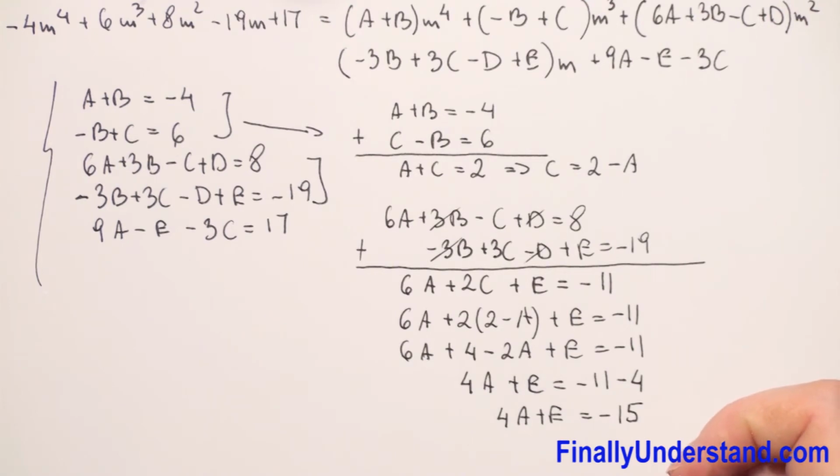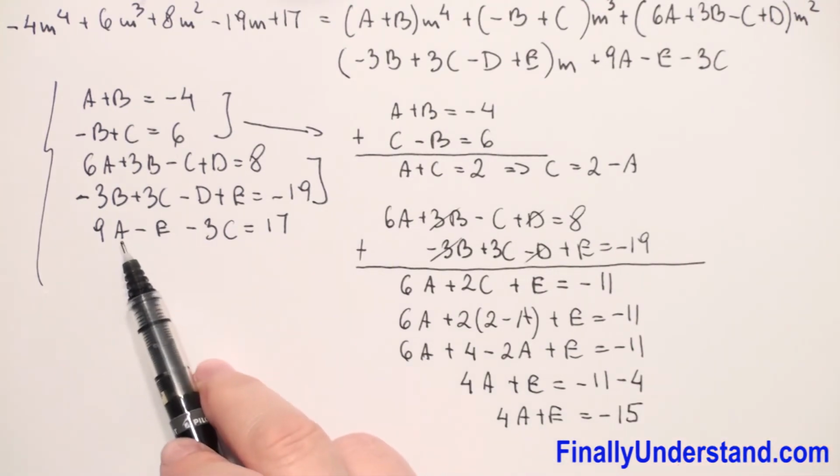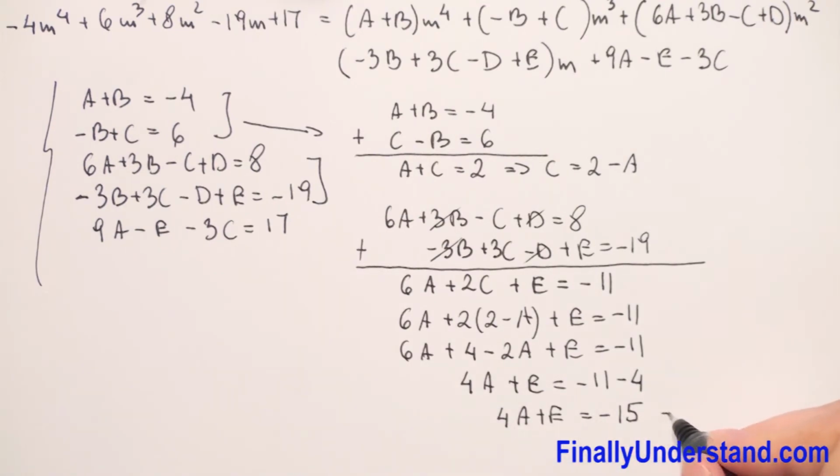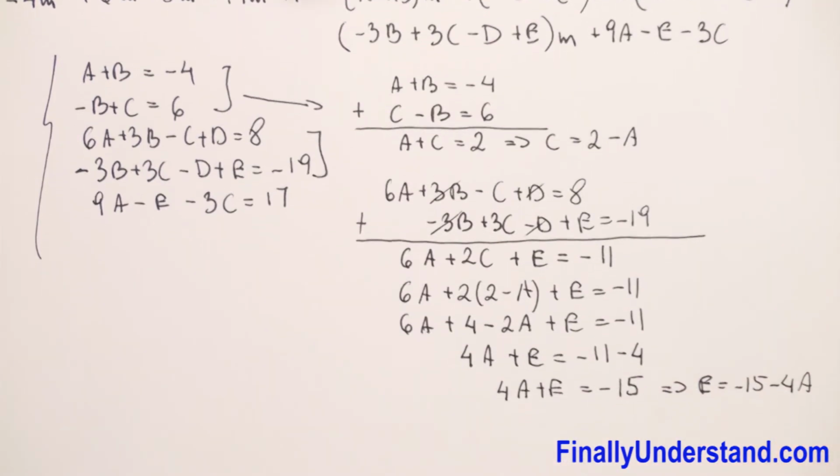What else we can do? We can go to the last equation. From this equation we can find e is equal negative 15 minus 4a. I just moved 4a to the right side, so it will be negative 4a.